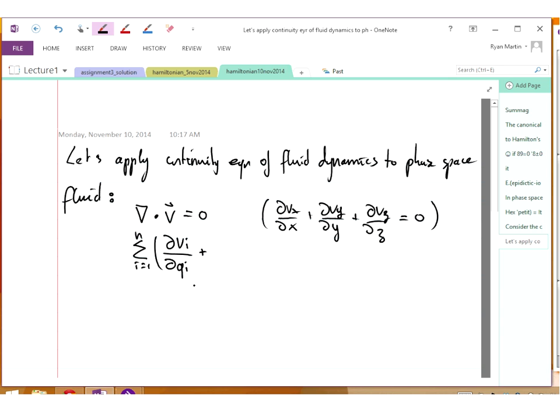I'm just going to write it as a sum from i equals 1 to n, and then the first n terms are ∂Vi/∂qi, and the next n terms are ∂V(n+i)/∂pi. Does that make sense? Let me know if that doesn't make sense. This divergence should have 2n terms, and indeed it does, but I can write it as a sum from 1 to n, so that the indices on the q's and p's only go from 1 to n.